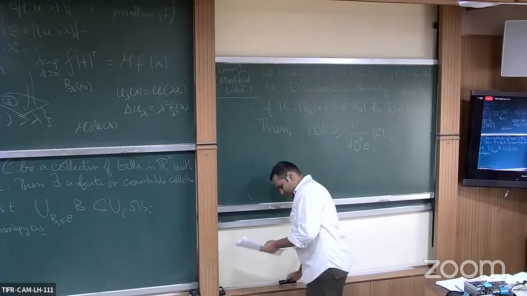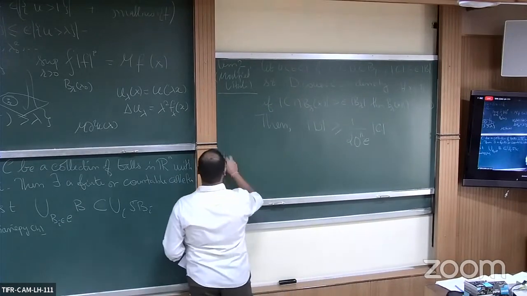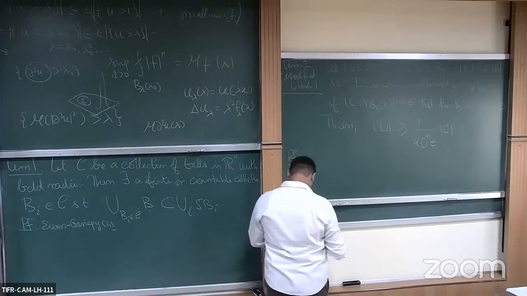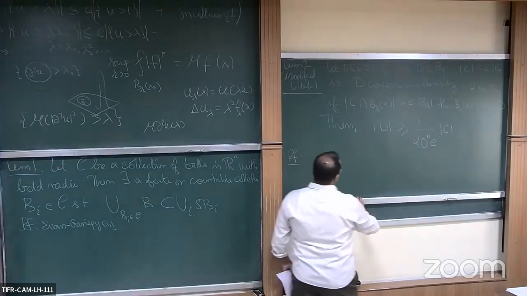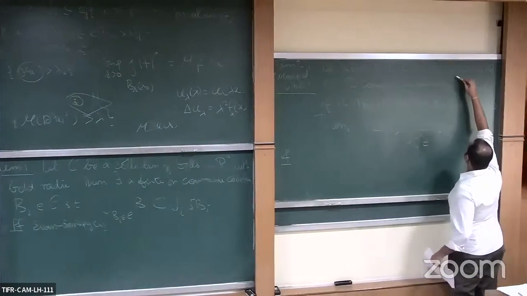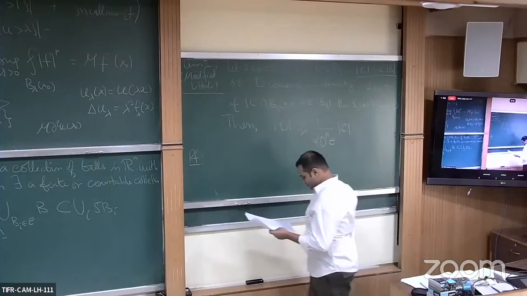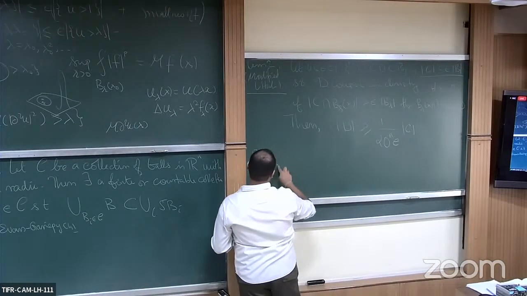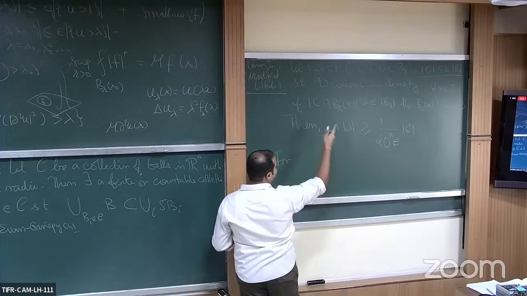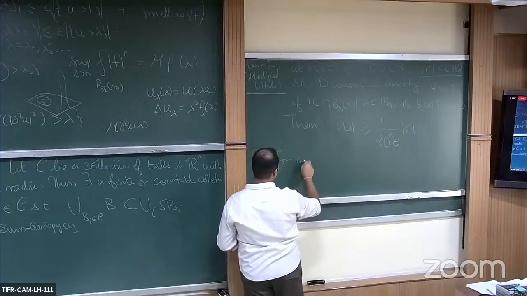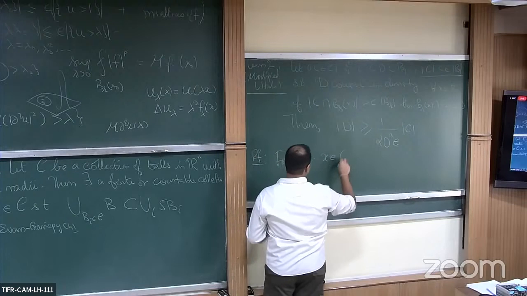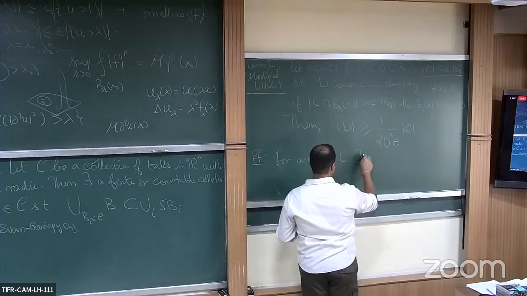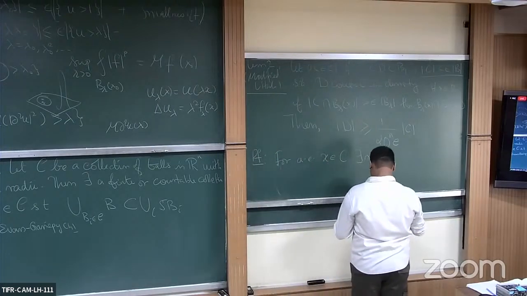So the proof is not very hard. So this condition, I have this, right? So we get that for almost every x in C, this is basically the Lebesgue points of the characteristic function, there exists a radius r_x less than 2, such that the density of C in B_{r_x}(x) is exactly epsilon, right?